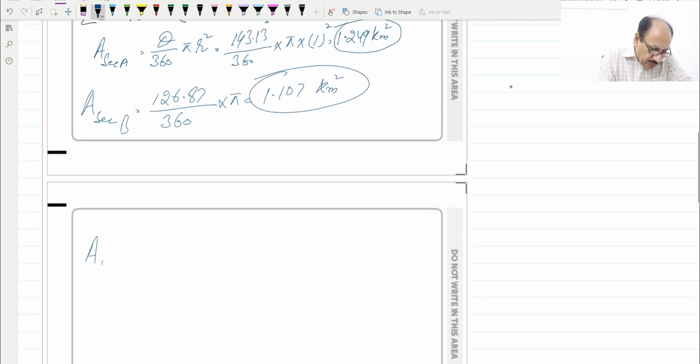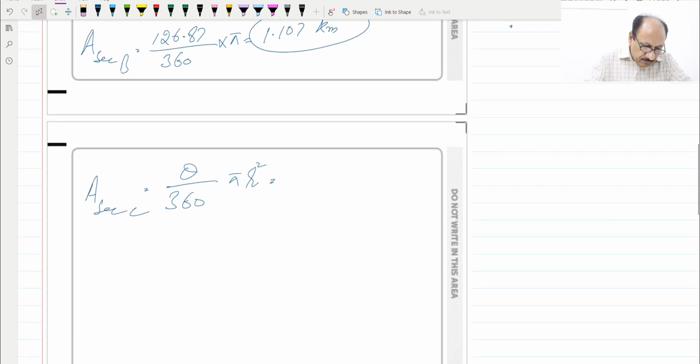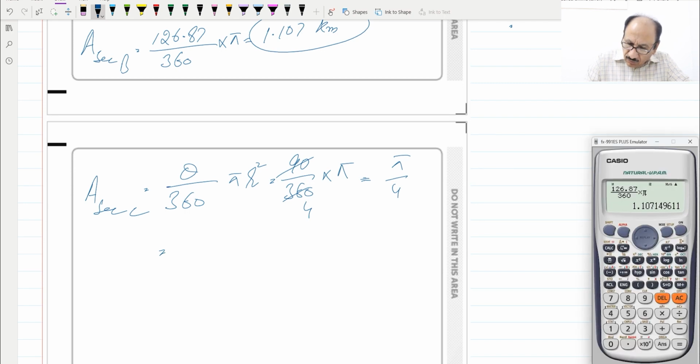So area of sector C, again formula I will write for you, theta over 360 into pi r square, and replacing values. Theta for C is 90 degree, which we found over here, and we can replace here. This will be 90 over 360 into pi, and this will be cancelled, so pi by 4. 1 radius we are not writing, so pi by 4, which we can write in decimal format.